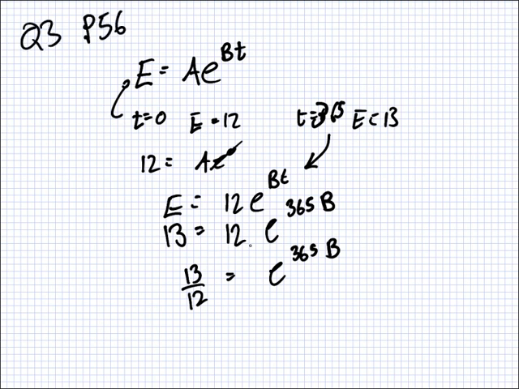Now what do we need next to get the b? Yeah, log. ln of 13 over 12 equals 365b. So then you divide.